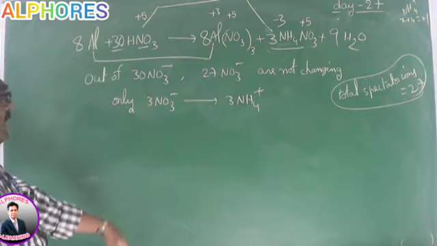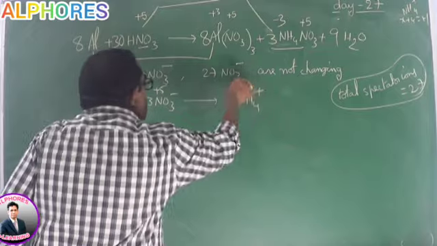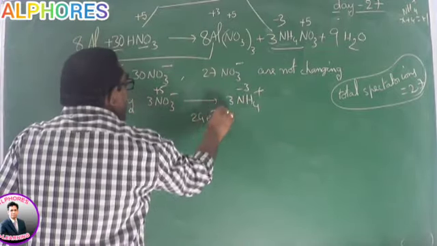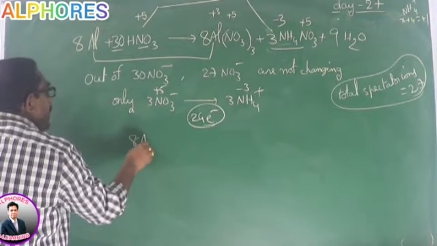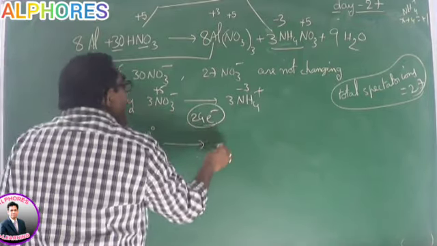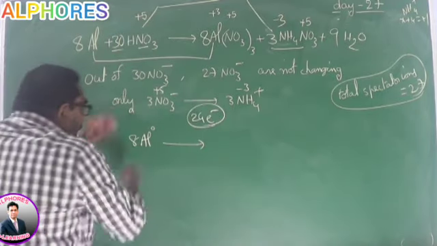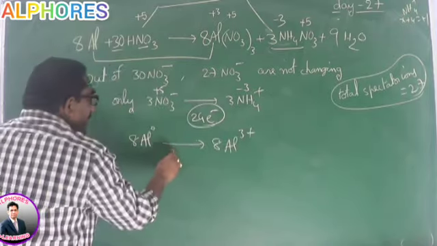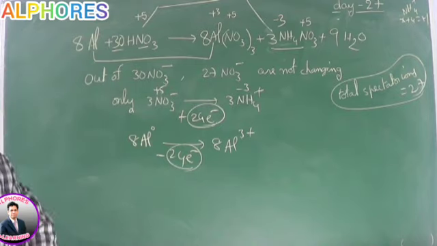Only 3 nitrates are reducing from plus 5 to minus 3. So total 24 electrons change. These 24 electrons are coming from 8 aluminum atoms, where they are oxidized into plus 3, losing 24 electrons here, gaining 24 electrons.